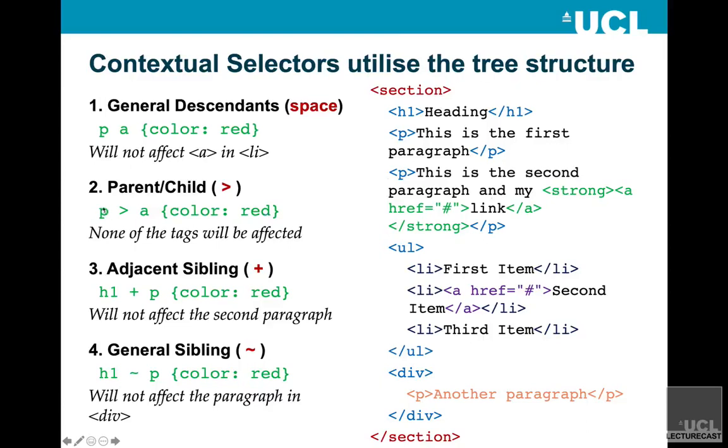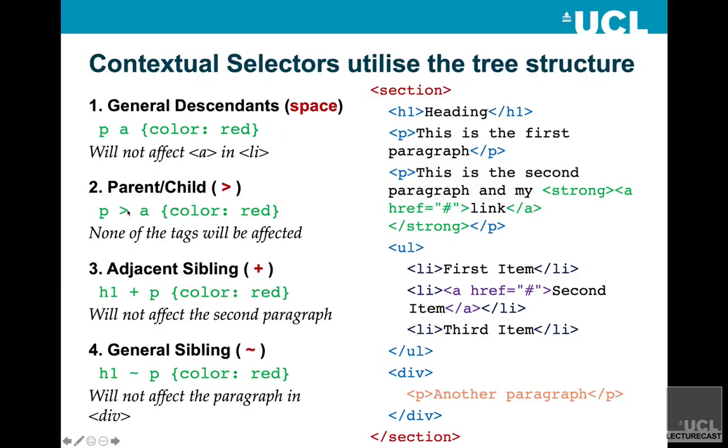So if we look at this case where we have P and referring to an A tag directly within a P tag, we can see that none of the A tags will actually be selected here, because in the first case, the A tag which is within an li does not apply. It's not within a P tag, and in the other case, the direct parent of the A tag is actually the strong tag rather than the P tag.